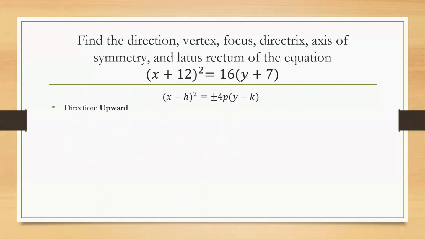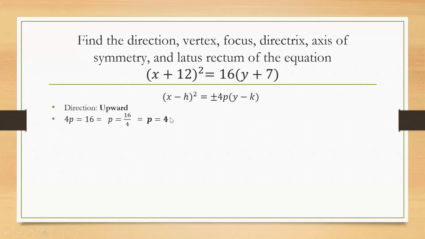And then now, let's find p. So do that by equating 4p to 16 and then dividing 4 to both sides of the equation. So that's 16 over 4, which will give us 4.